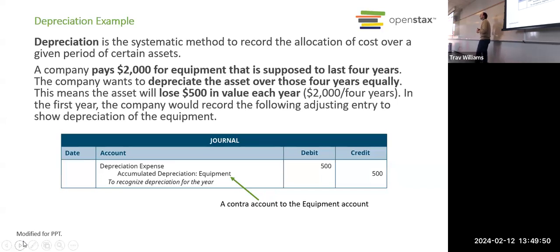But if you wanted to figure out the book value of that asset, what is it officially worth, it would be the original cost minus whatever depreciation has accumulated. So we have to keep track of that in this accumulated depreciation account. And you see that we have a specific accumulated depreciation account for this asset, equipment.